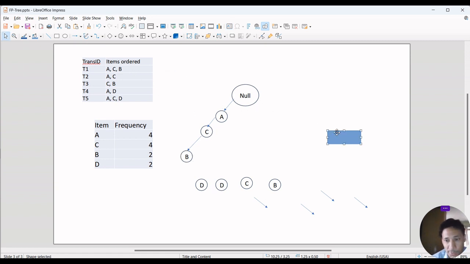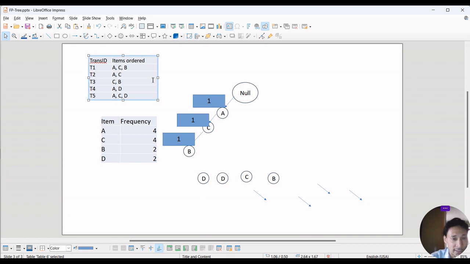Then we will specify count for each of these items. So A initially will be 1, C will also be 1, B will also be 1, so there are 1 1 1 when we consider this first transaction. Now we will consider the second transaction.